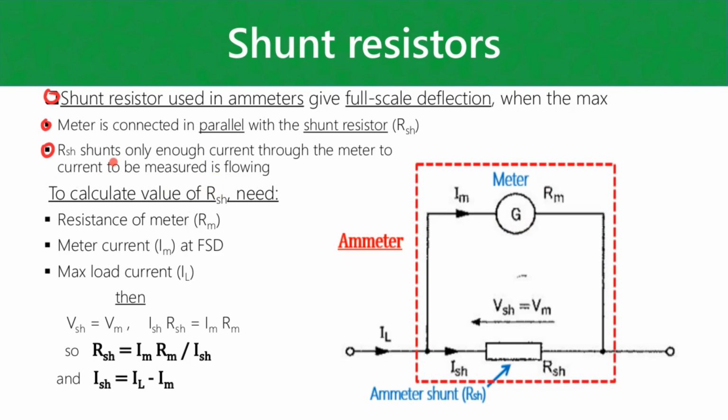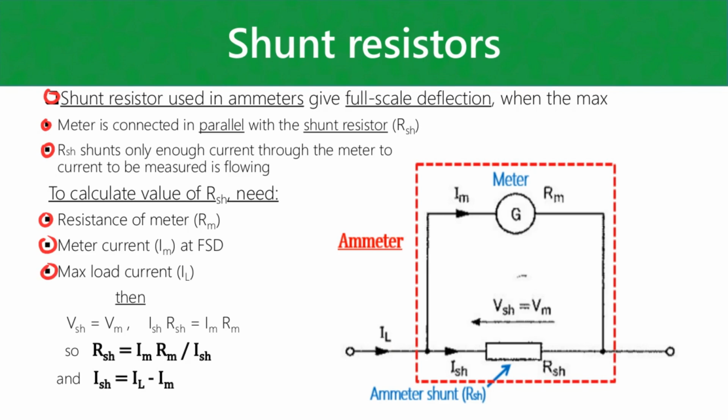In order to calculate the value for the shunt resistance, we need to know the resistance of our meter. We also need to know the maximum current through the meter at full scale deflection, meaning when we measure our full load current.